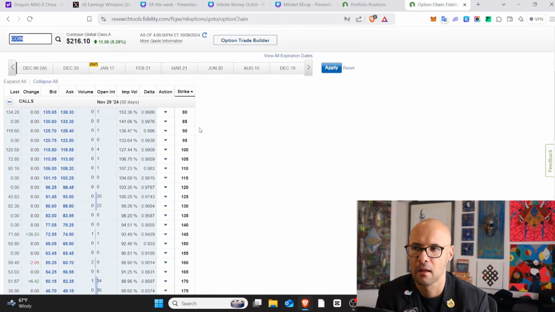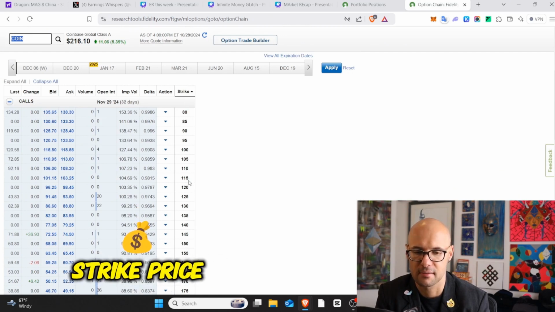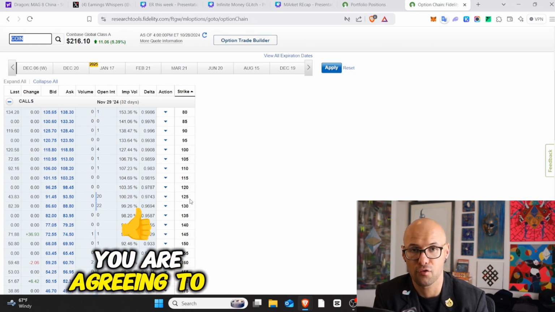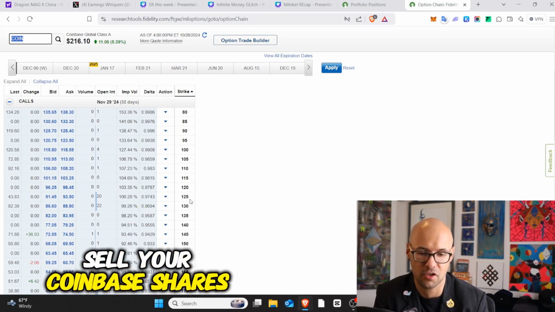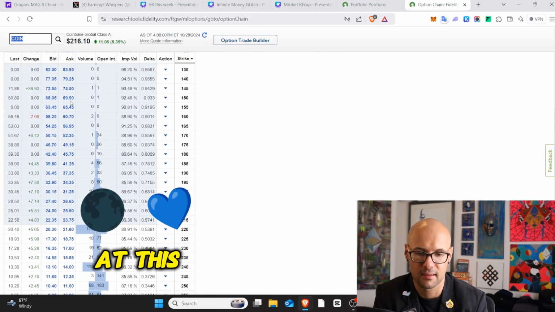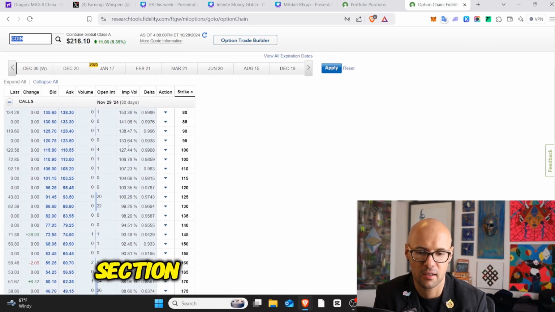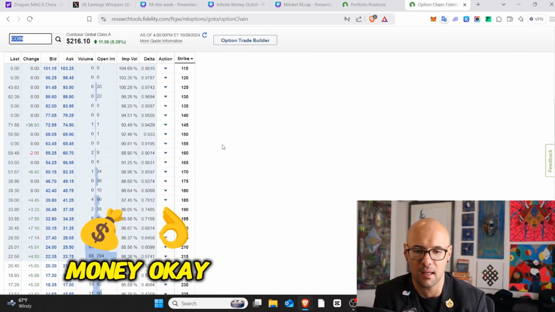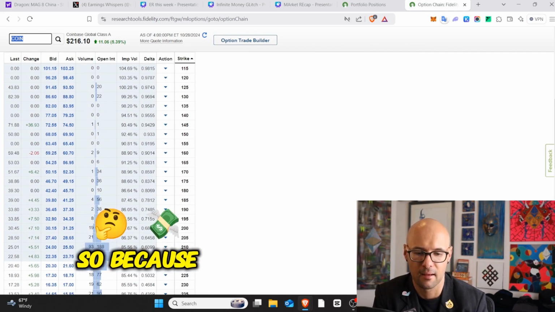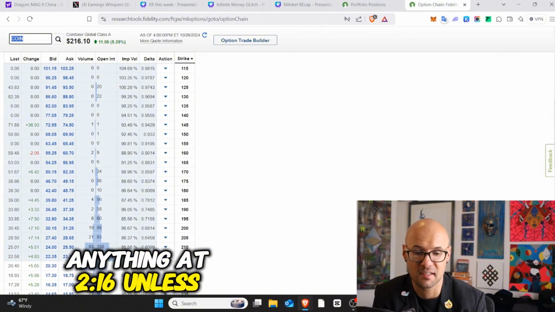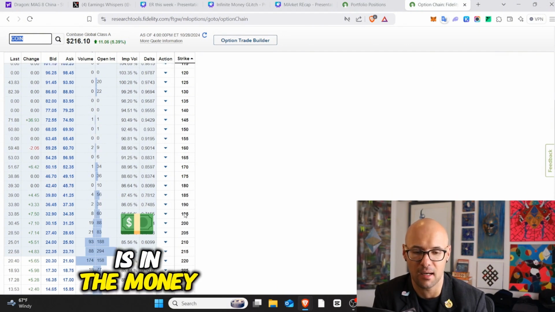Okay. Right here is the strike price. This is the price you are agreeing to sell your Coinbase shares for. If you look at this dark blue section, these are strike prices that are in the money. Because the price of Coinbase shares is 216, anything at 216 and less is in the money.